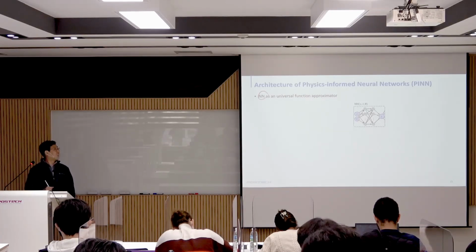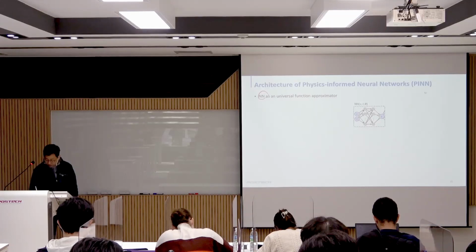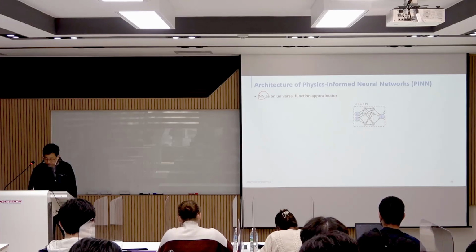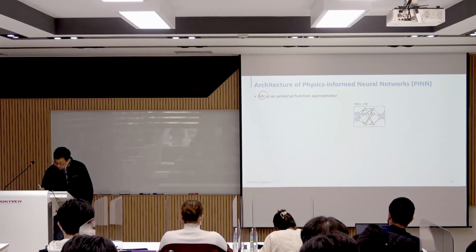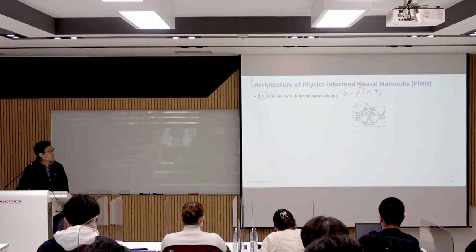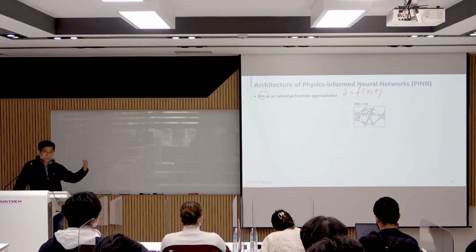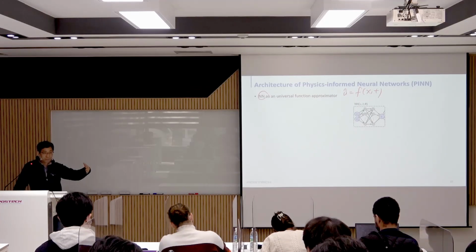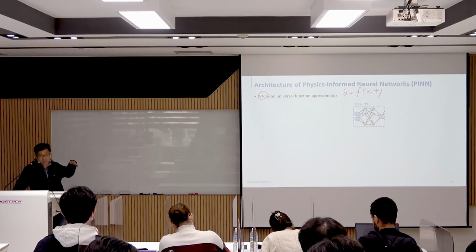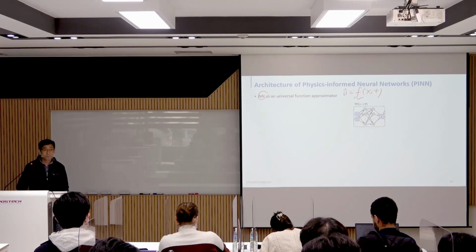We know that a neural net is a universal function approximator, and suppose we want to estimate any kind of physical system. We have x and t, which means it has some dynamic behavior over time, and x is a one-dimensional problem.